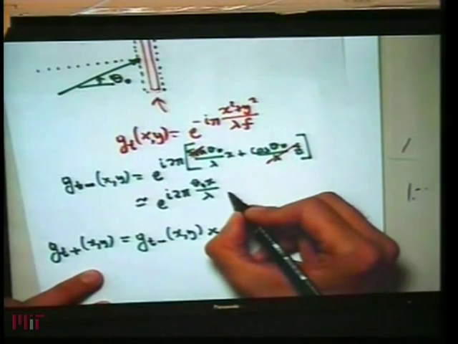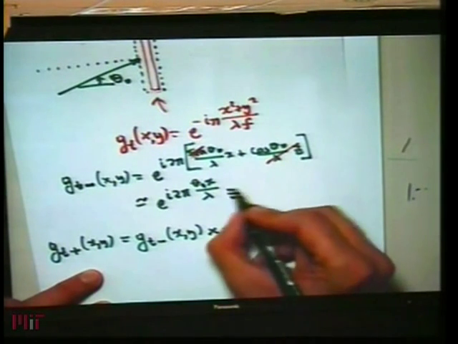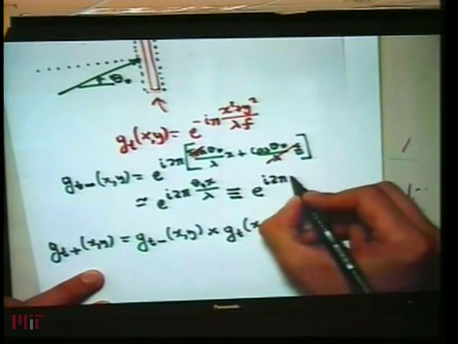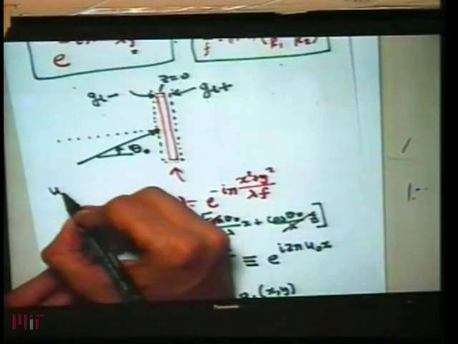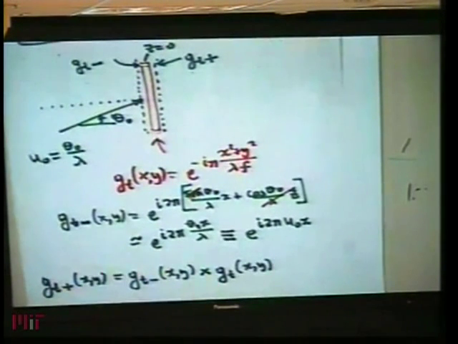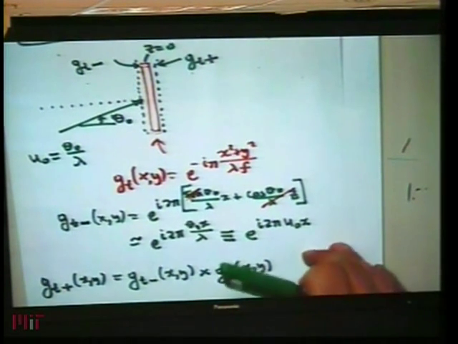Oh, and another thing that I did in the notes is I defined this quantity u naught equals theta naught upon lambda. And this now we recognize as a spatial frequency because it has units of inverse meters. Okay. So what do we get now? What I will do is a little bit of algebra, but it actually results in a physically meaningful result.